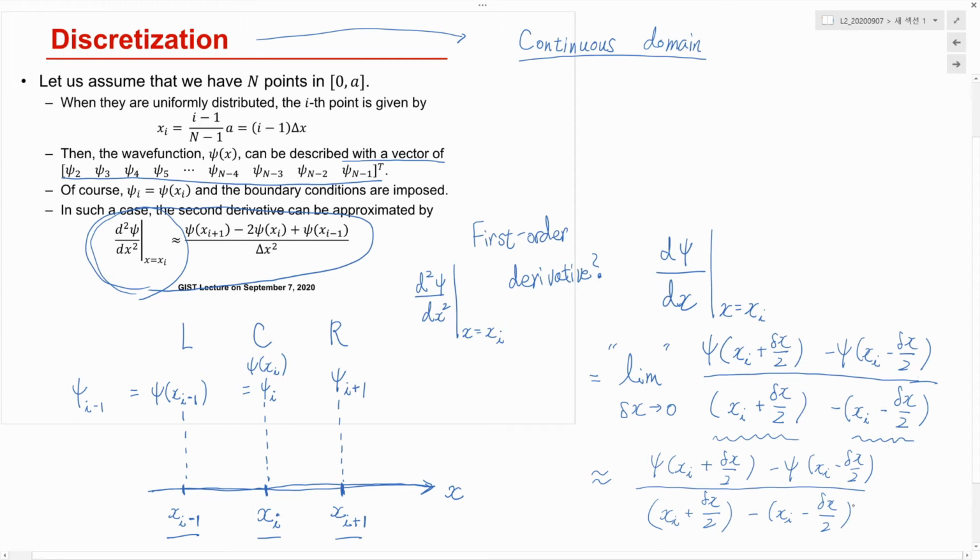That is a good approximation for our definition.